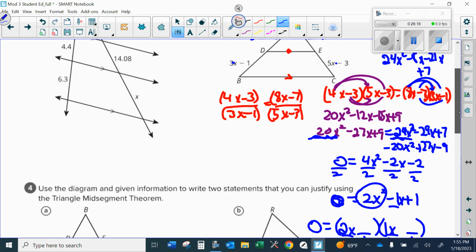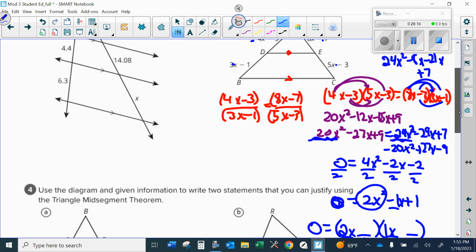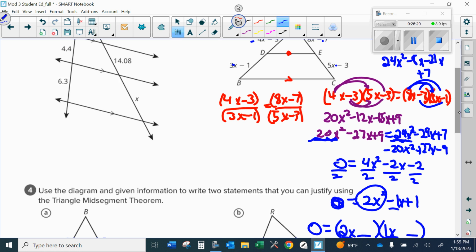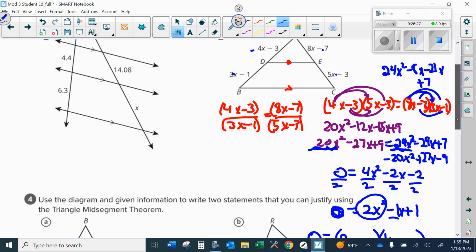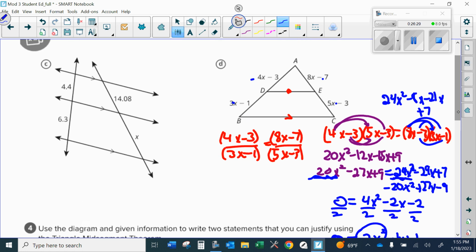this one, let's make sure I haven't blown anything, because that would not factor. I can't believe they give you a quadratic that doesn't factor here. I'll make sure I copied everything down right. 4x minus 3 over 3x minus 1, 8x minus 7, 5x minus 3, yes. Okay, 4x, 5x, 8x minus 7, 3x minus 1.